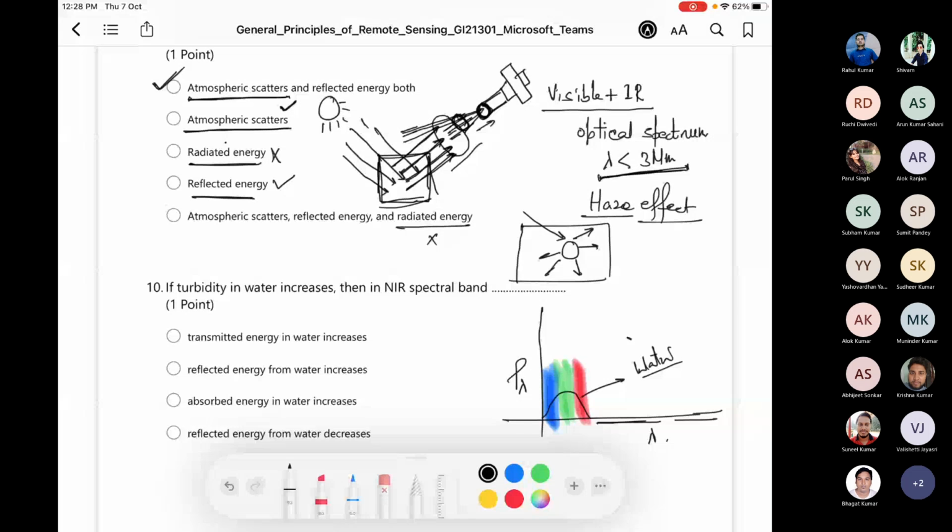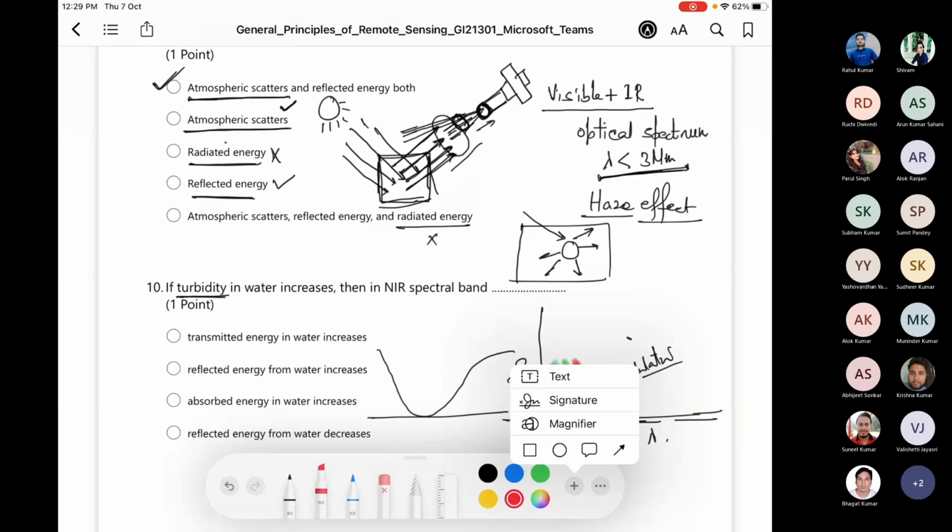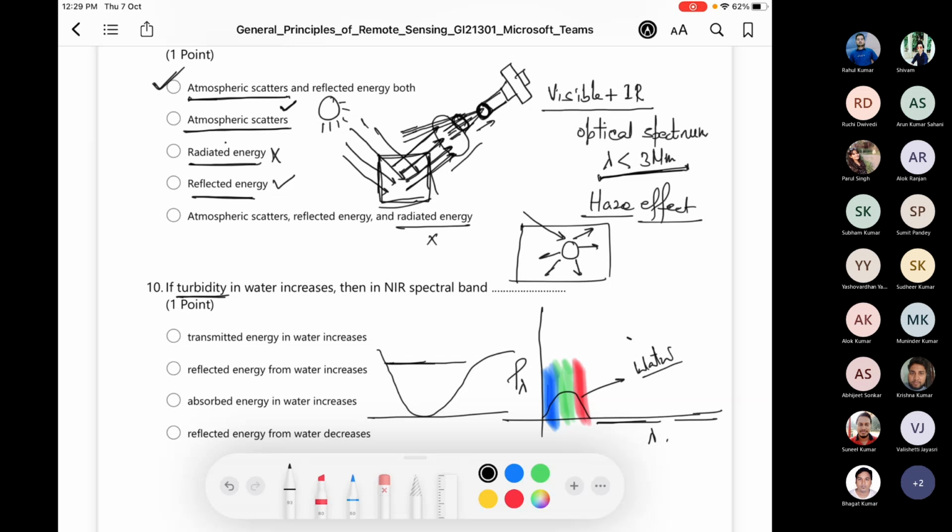What happens when you increase the turbidity? Like, this is the water body.